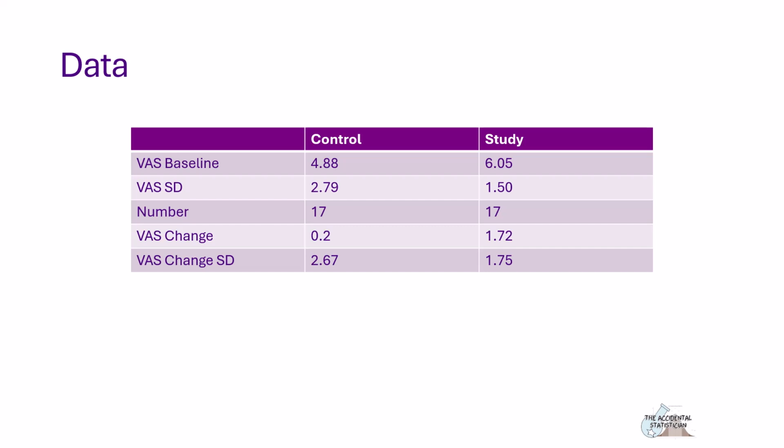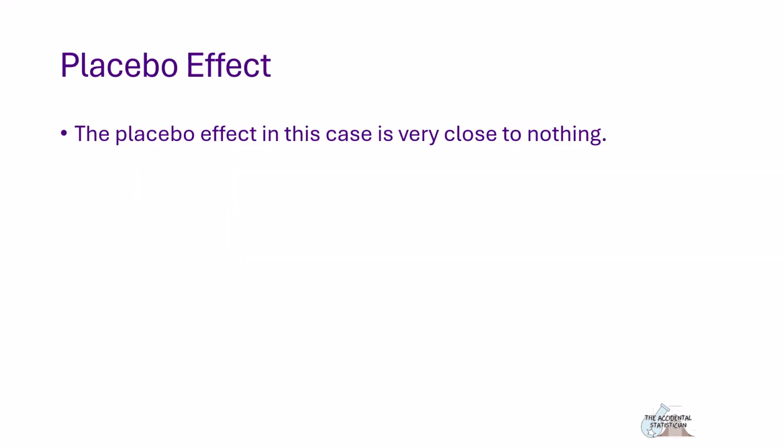The change is tiny for the control and much larger for the study, but again, you've got this large standard deviation effect. The placebo effect seems to be close to nothing, which is very different to other studies, and there seems to be some actual treatment effect.